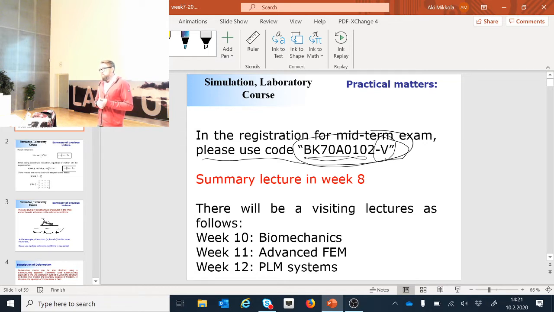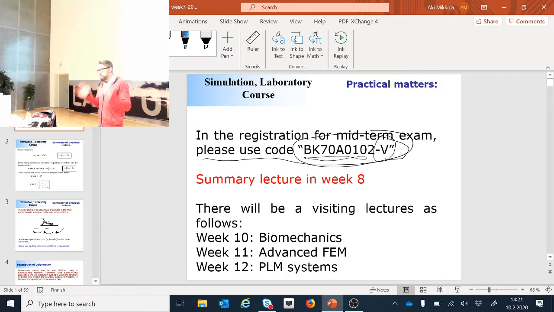It explains all the things you can do with finite element modeling. Then week 12 will be product lifetime management systems, PLM systems, and that's going to be a visiting lecture as well. And then some additional topics.